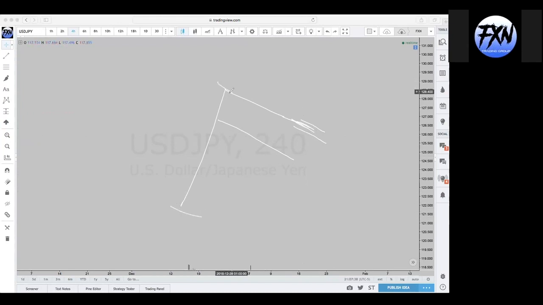So it should be a 1-to-1 measured move from here to here. So you basically measure that out and you would take that to the next flag. Does that make sense? Any other questions on flags or pennants?